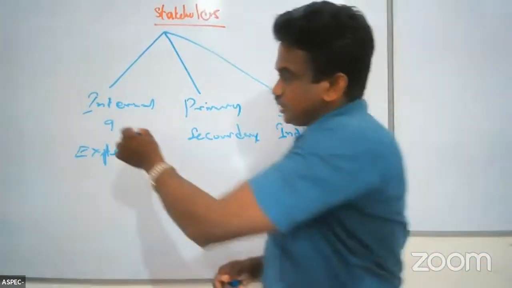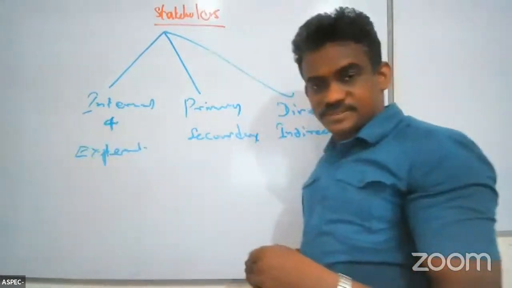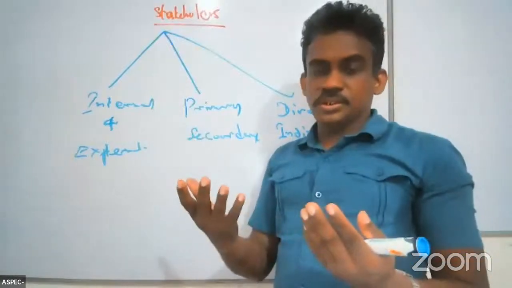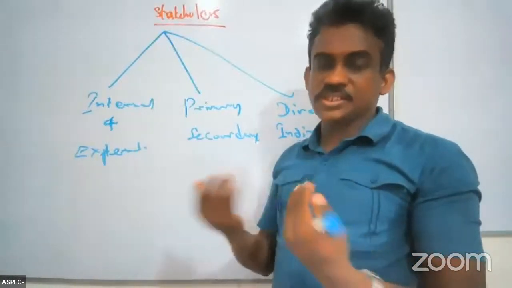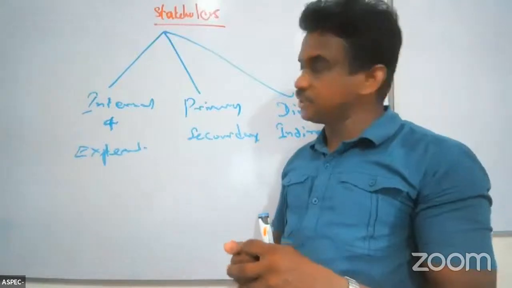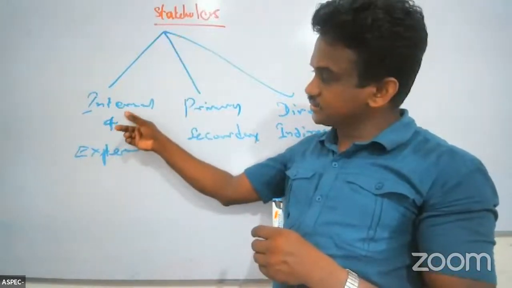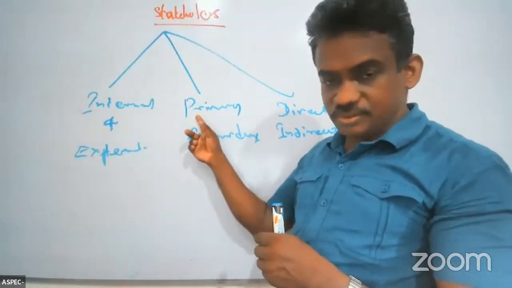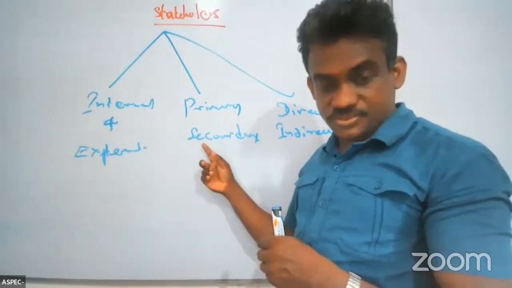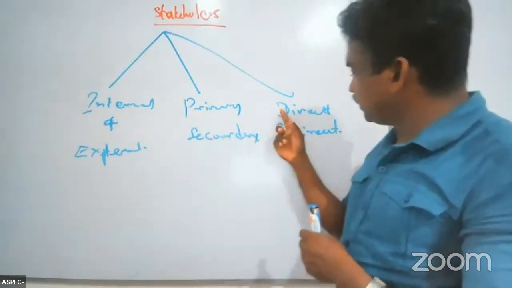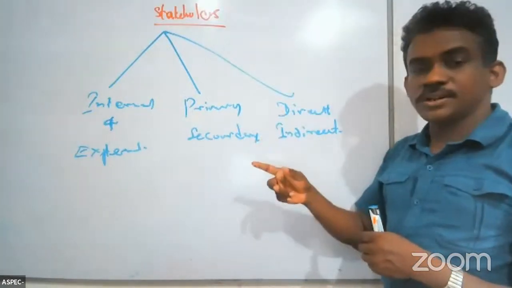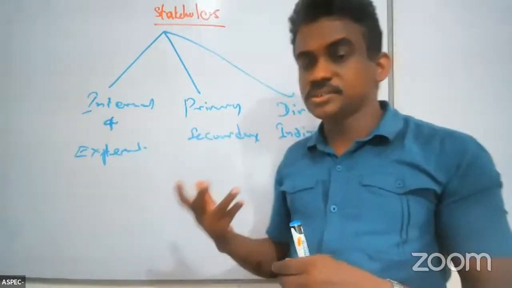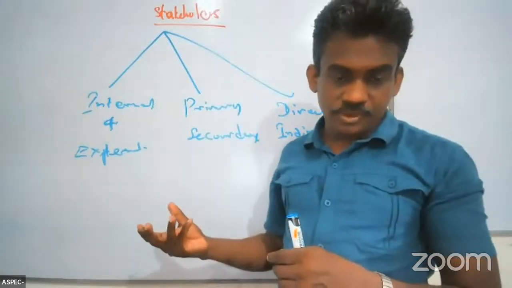Is it important to identify like this? Yes, important. When you transact or interact with stakeholders, whether internal or external, primary or secondary, direct or indirect, that is very important to identify, right?